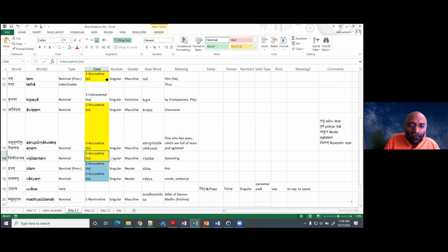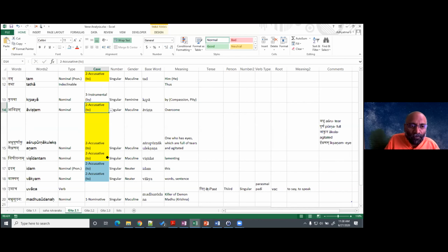So here he spoke to Arjuna, who is given in the accusative, and to him. So what are his qualities? He is overcome. Overcome by what? Compassion. So this is further qualifying the accusative.